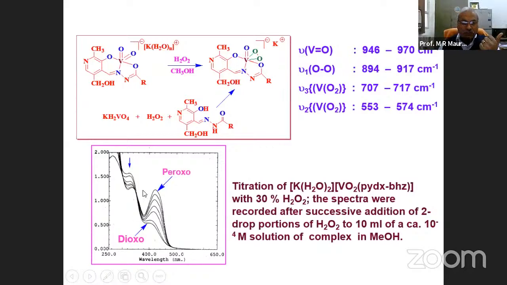This can also be monitored in solution by titrating the dioxo species with H2O2. You can see a very nice change in the UV-visible band due to generation of this peroxide solution.